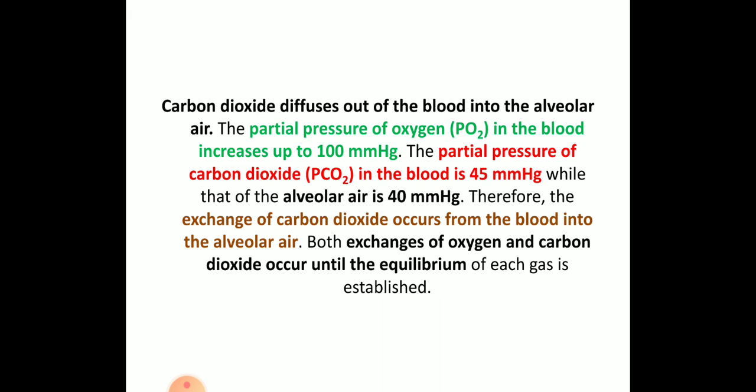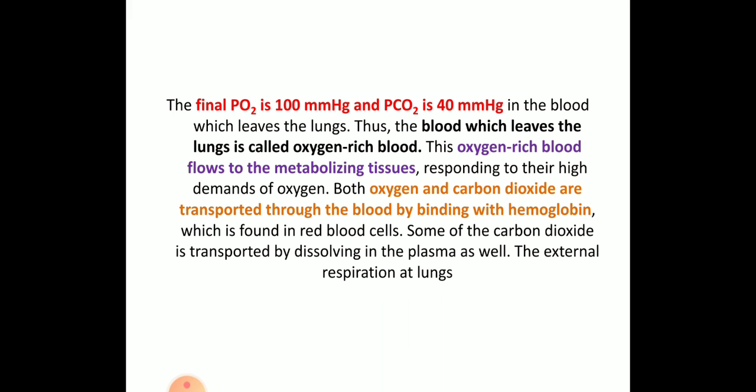Due to that, carbon dioxide is exchanged from blood to alveolar air. The exchange of oxygen and carbon dioxide occurs until equilibrium. So this is how external respiration is carried out, and finally, oxygen is maintained at 100 and carbon dioxide at 40 due to their partial pressures.